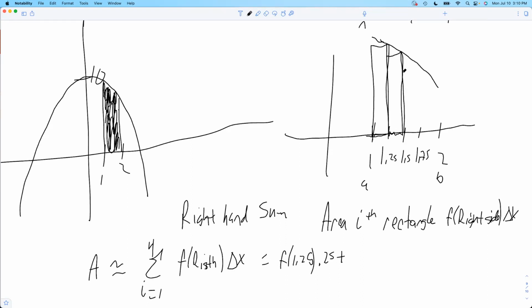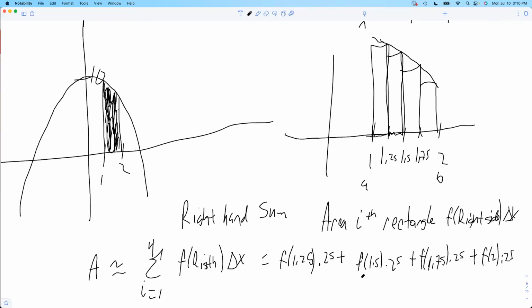That height, literally this distance right here, is the function value at 1.5, times 0.25. Remember, we're finding an area of a rectangle, length times width. Plus the next one will be right here, f of 1.75 times 0.25. And then finally, this guy right here, f at 2 times 0.25.